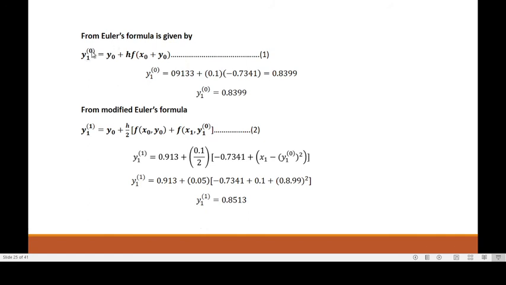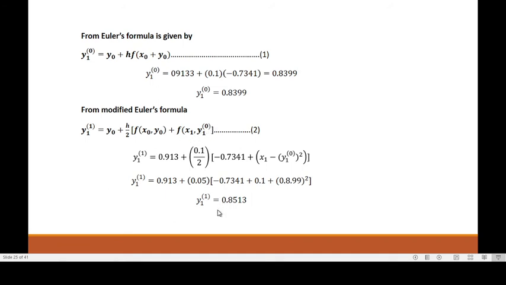So y1 of 0 is equal to y naught plus h into f of x naught comma y naught. You will get 0.8399. Okay, so once again we modify this value by using modified Euler's formula, that is y1 of 1 is y naught plus h by 2 times f of x naught comma y naught plus f of x1 comma y1 of 0.